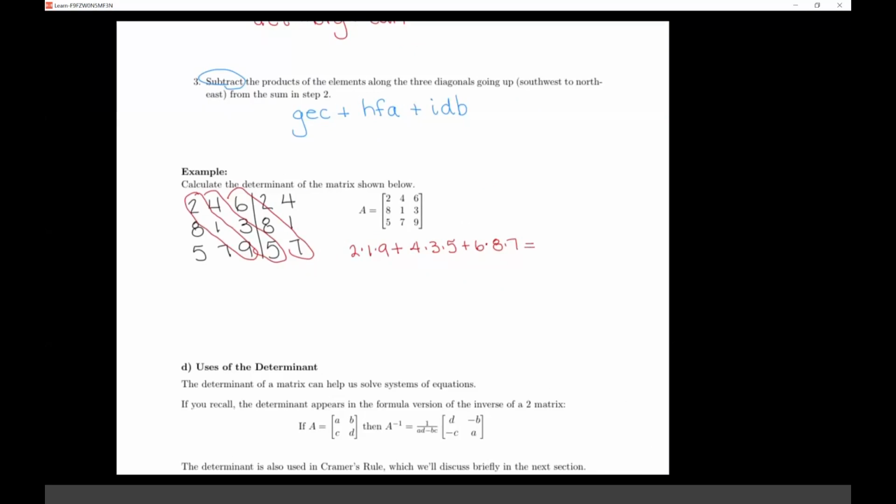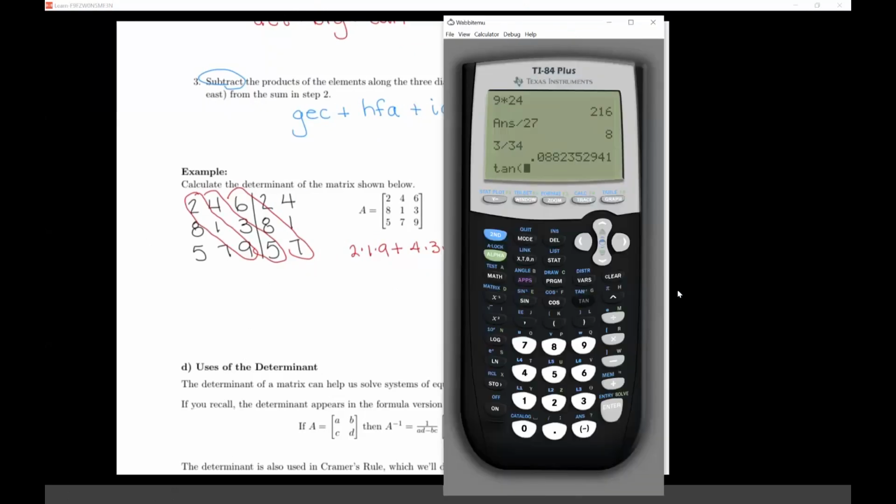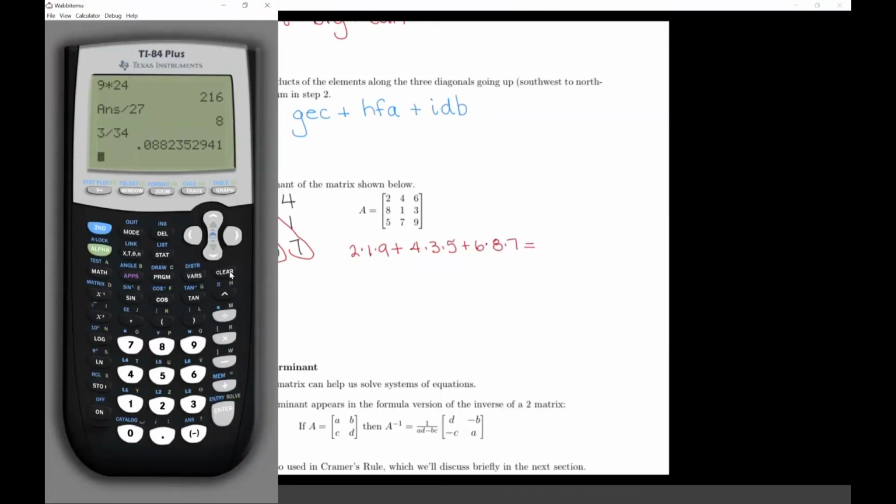Again, I can just calculate these with a calculator. If I bring up my TI-84, let me share that with you. I'll move it over so it's not in the way. All right, so I'm going to clear that.